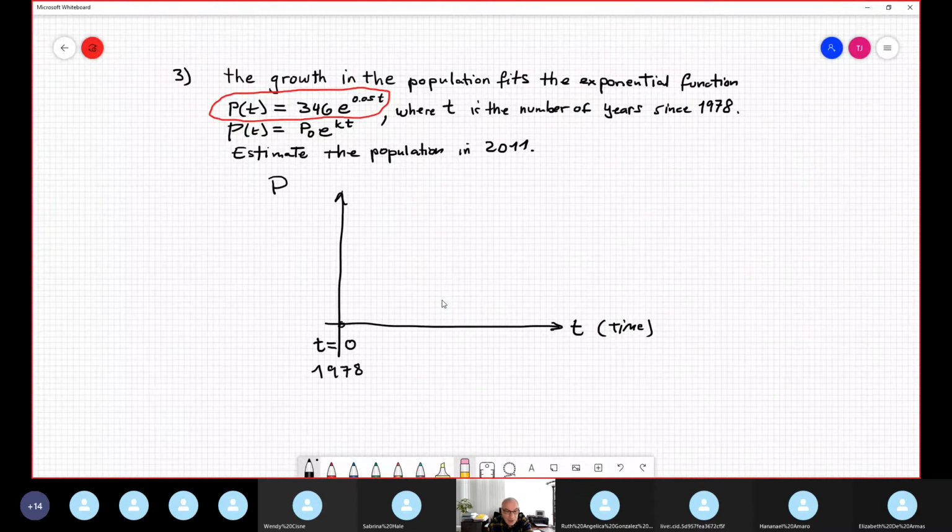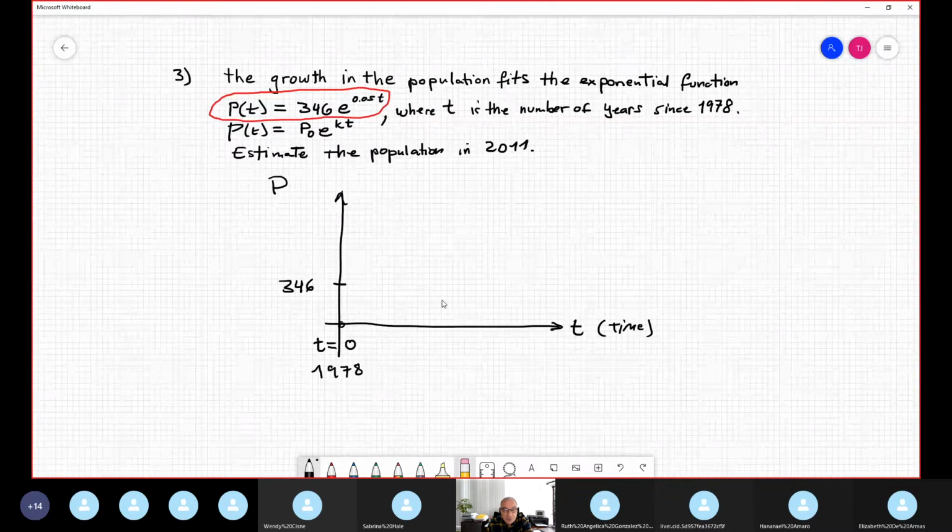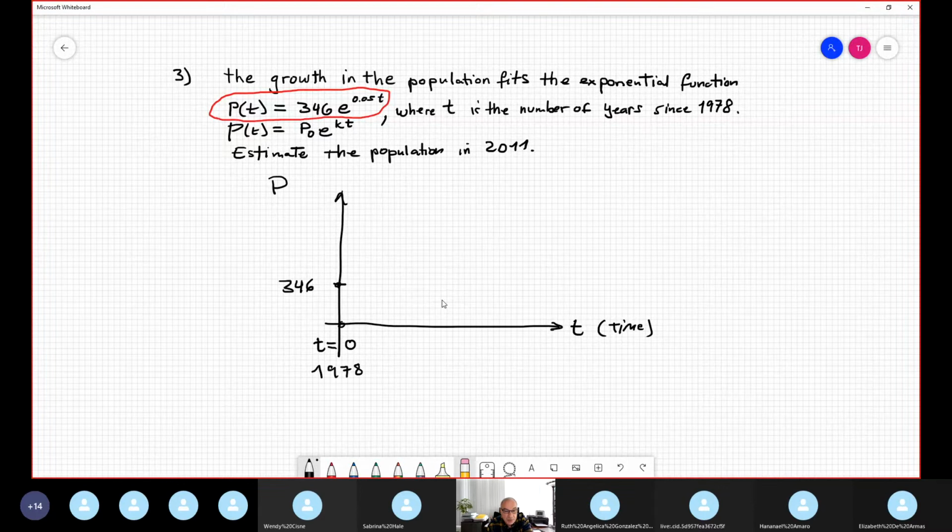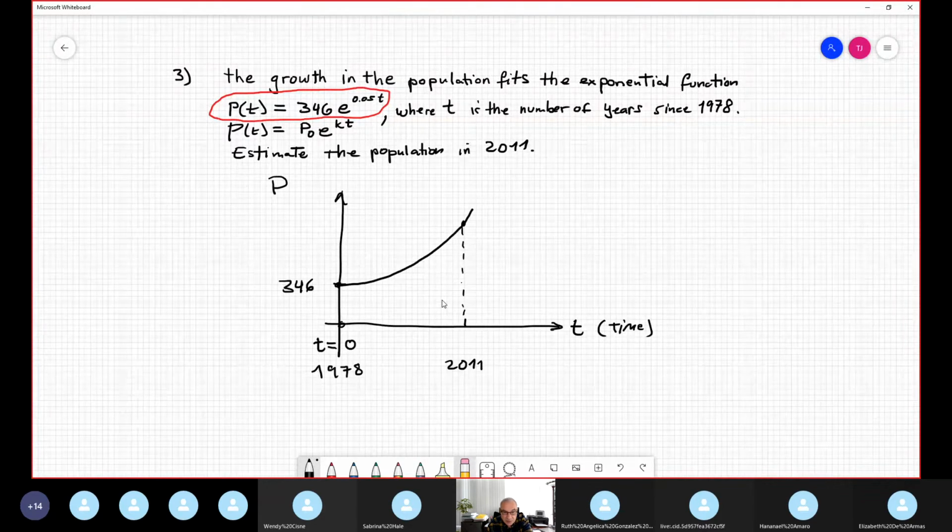In this moment, I have 346 something, inhabitants. Okay, I don't know. And this law is exponential like that. I need to investigate what happened in one specific year, in this case 2011. This is the time, and this is the thing I want to find.